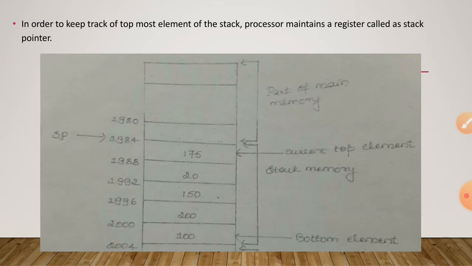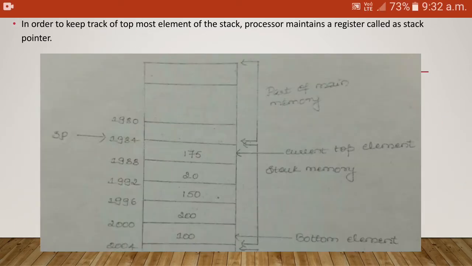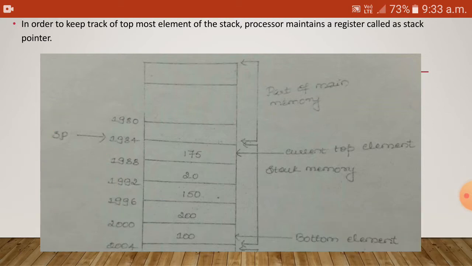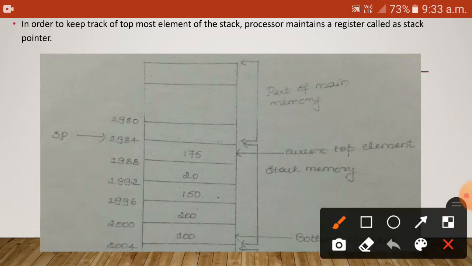I had told you about the top of the stack. In data structures we use the top. Here we use the stack pointer, that is SP, in order to keep track of the topmost element of the stack. Initially the SP points to the first element.